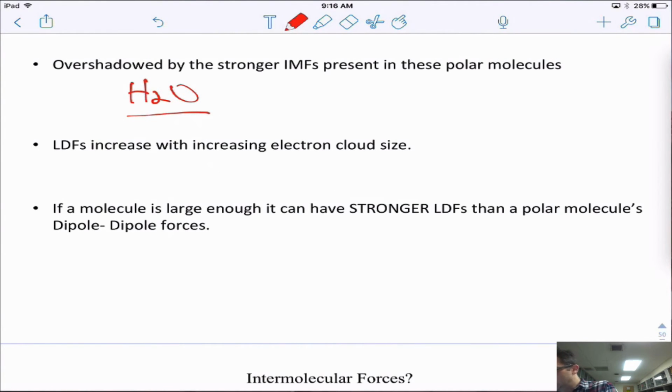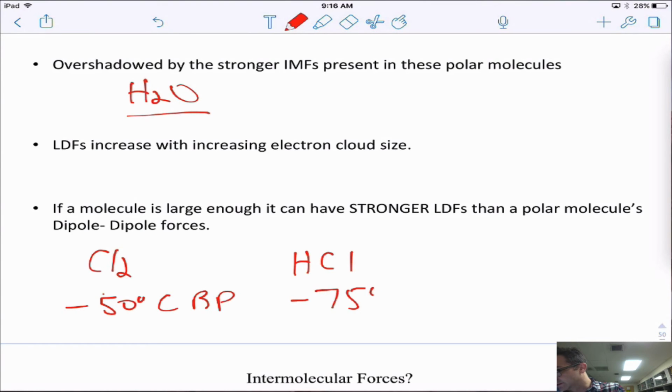Let's say that you had Cl2 versus HCl, and I give you the boiling points. I say the Cl2 boiling point is, let's say, negative 50 degrees Celsius, and the boiling point for HCl is negative 75 degrees Celsius.